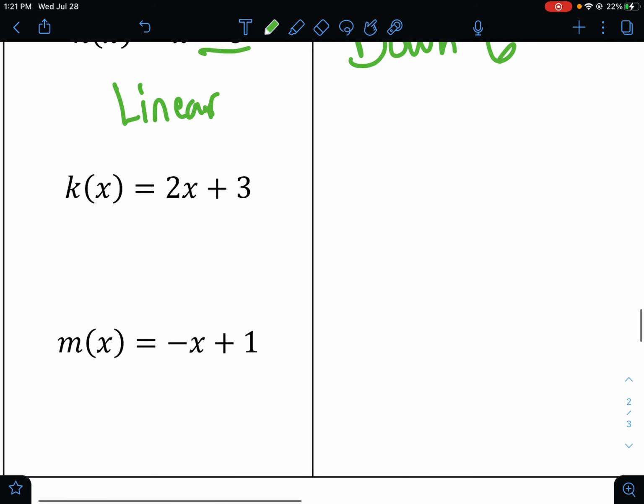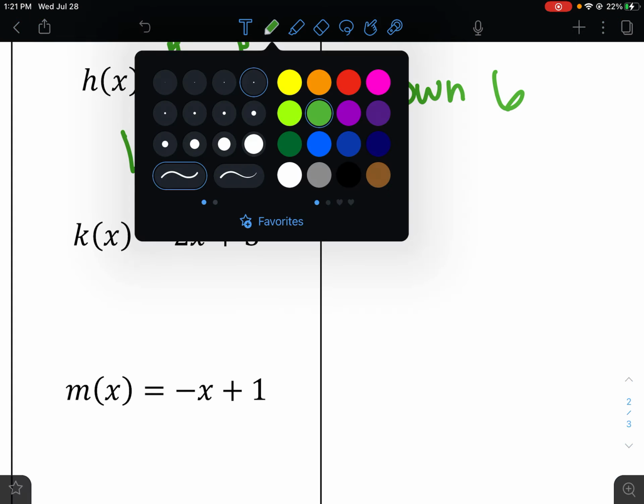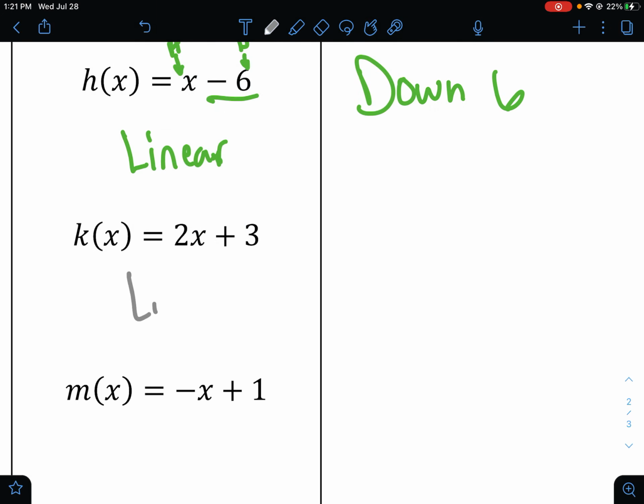So here you'll notice that this one, let me change colors again. This is going to get kind of crowded on my line up there. Let's go with gray. This is again linear because there's no absolute value and there's no x squared. So this is linear, but notice the change to the a and the change to the d.